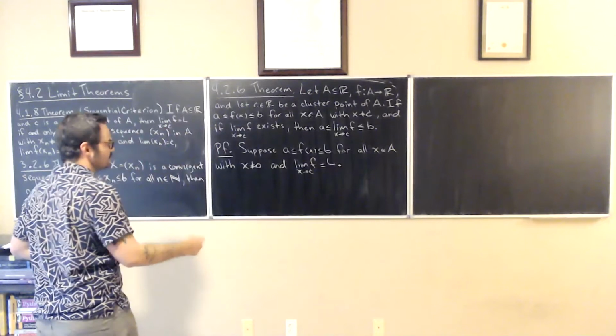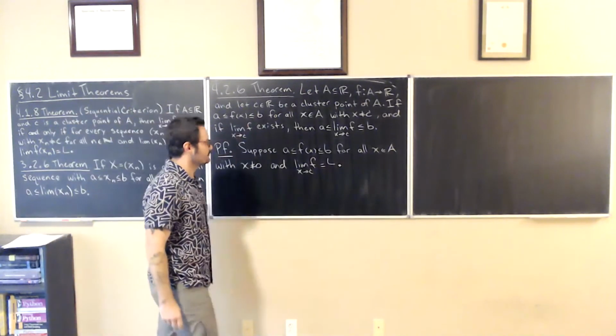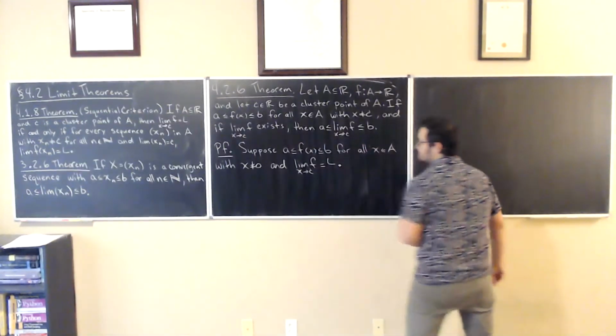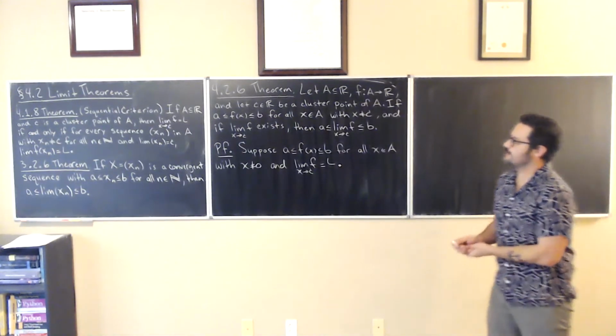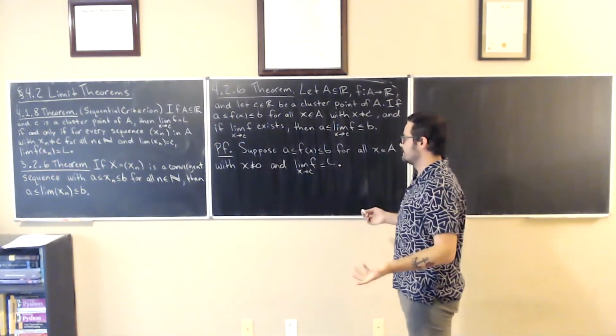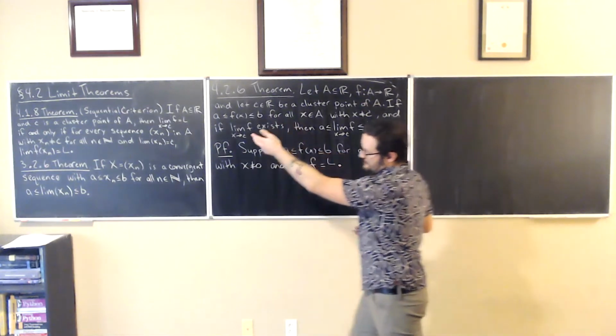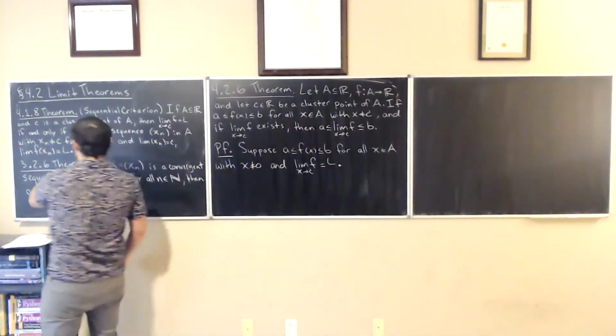So we're supposing that it converges and it satisfies this property. C is just some cluster point of A. Then we're going to use the sequential criterion, and then we're going to apply this theorem here.